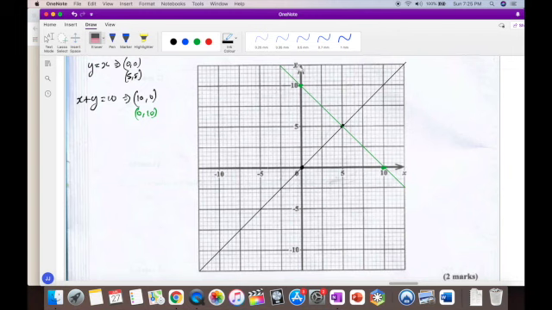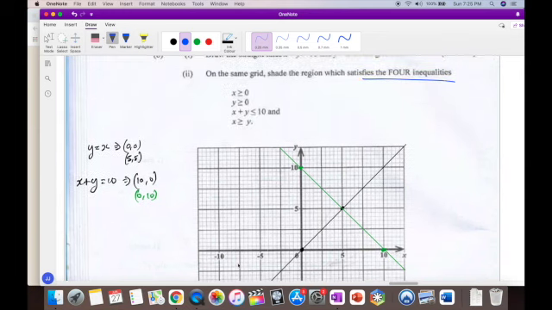So we could immediately see that we are looking at this side of the grid. We shouldn't be shading anything on this side because x is greater than 0 on that side. Wait, sorry, that's not less than, that's greater than.